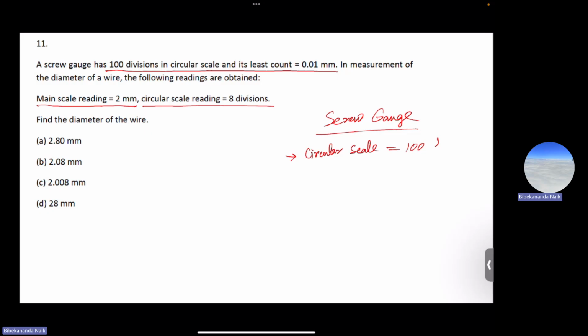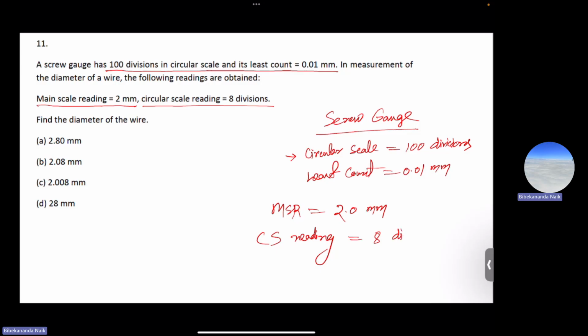It has 100 divisions and the least count is given, 0.01 millimeter, and the data given for us is the main scale reading, 2 millimeters, and circular scale reading is 8 divisions.